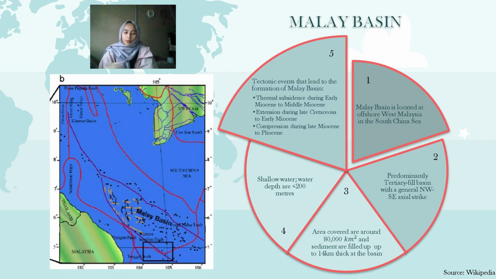There are some tectonic events that led to the formation of the Malay Basin: the first is thermal subsidence during early Miocene to middle Miocene, then the extension during the late Cretaceous to early Miocene, and the last is compression during the late Miocene to Pliocene.